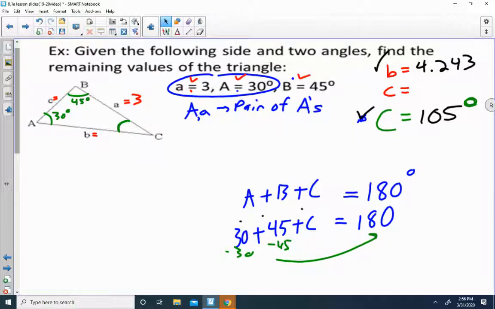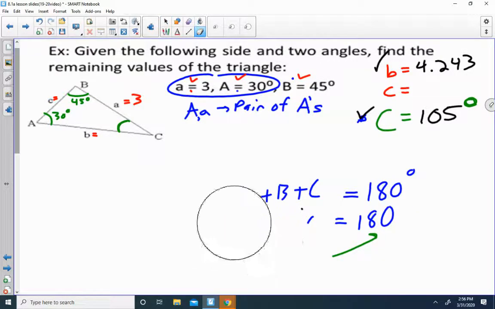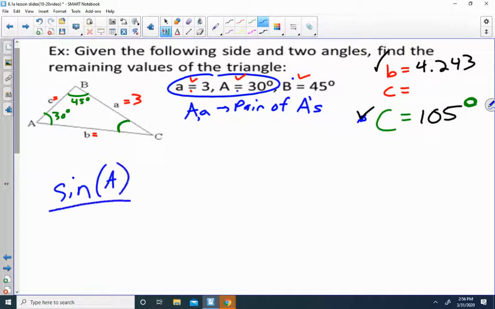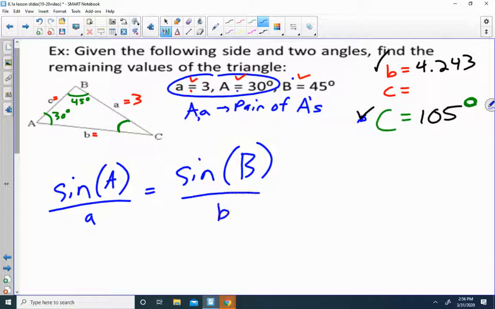All right. So with that information, we can go ahead and find little c. So let's go ahead and do that using the law of sines. So sine of A over little a, sine of B over little b, and then sine of C all over little c. Fill in the information.